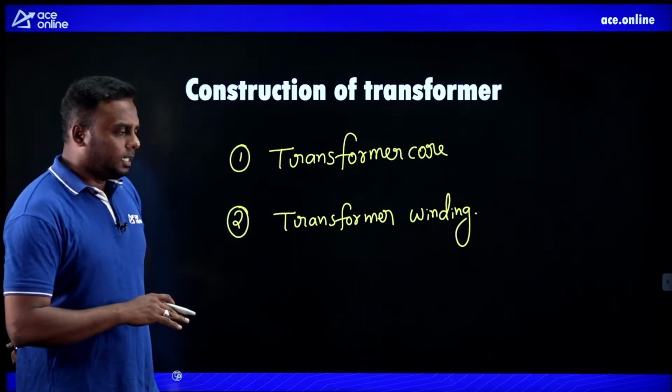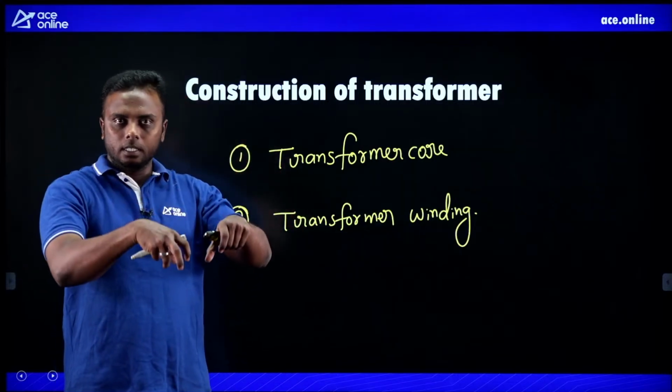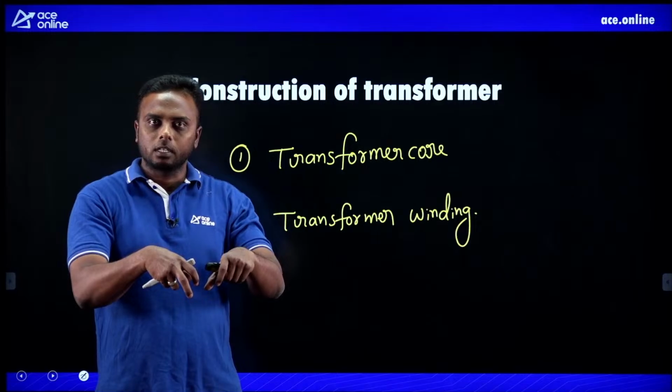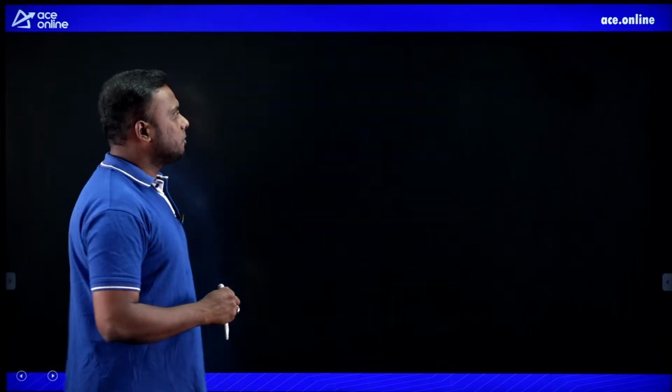If you see from outside, the tank is visible, and the core and winding are immersed in the tank, and the tank is completely filled with what we call transformer oil. And what is the purpose of the transformer oil?